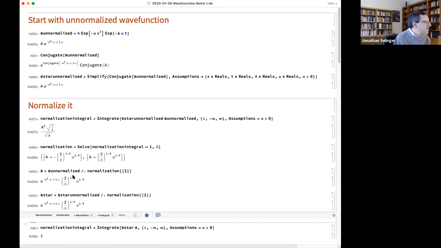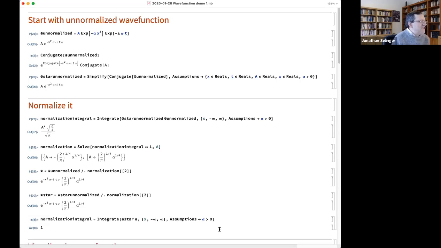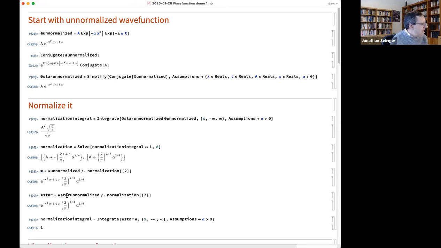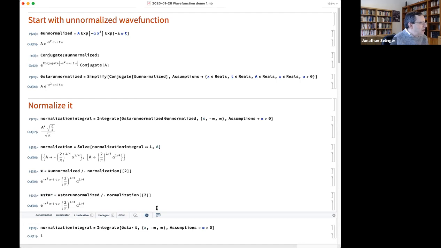All right, so there's psi and psi star with the normalization. Right? So now, just to double check, let's calculate the normalization integral again, just to make sure it's 1. Phew, okay, it's 1. Yes, good. Okay, so with this psi and this psi star, the normalization integral comes out to be 1.